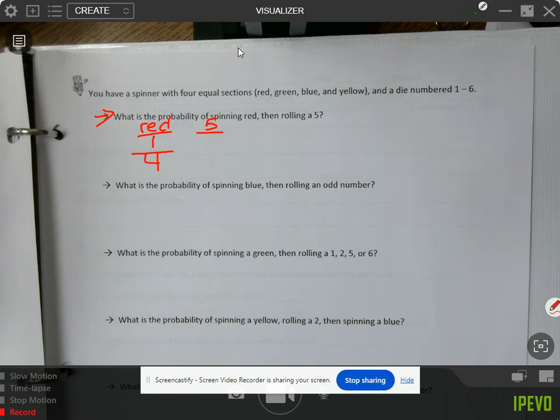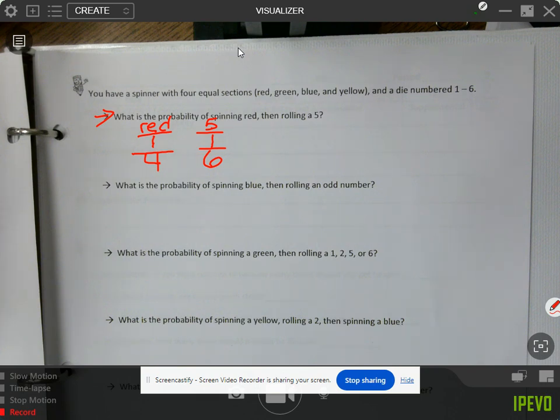Now my second event, I roll my dice. What's the probability I'm going to roll a 5? Lilia? 1 5 out of 6 possible choices. So I had to look at each event. Spinning a red, rolling a 5. Probability for spinning a red, there's 1 red spot out of 4 spots.